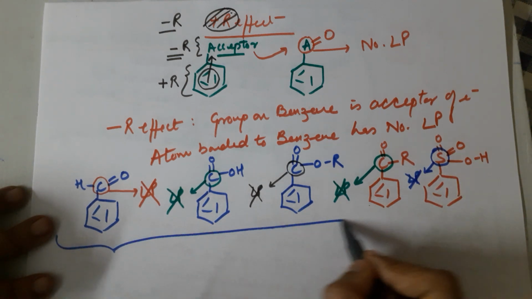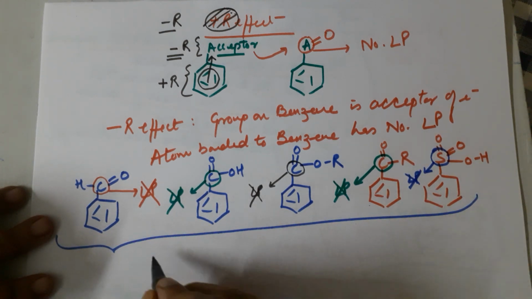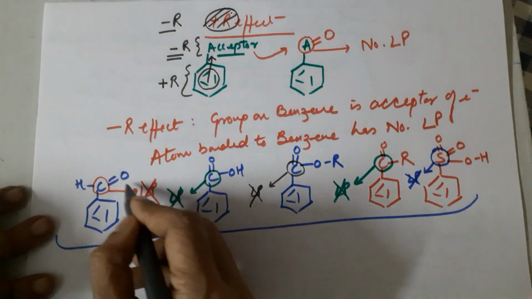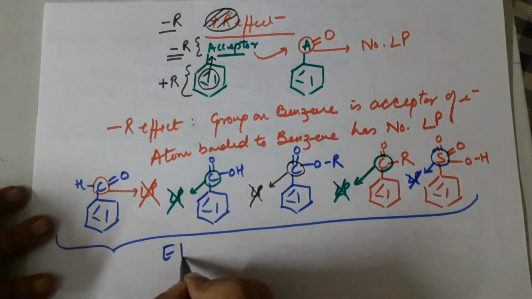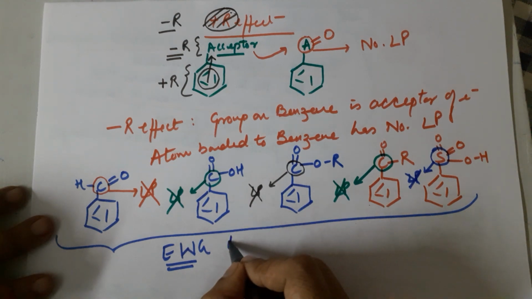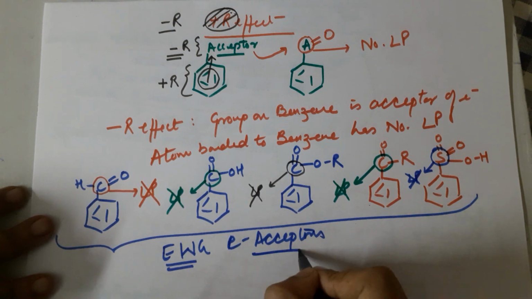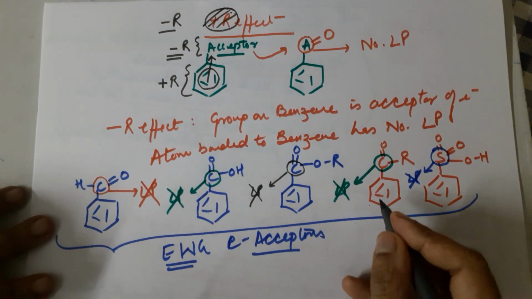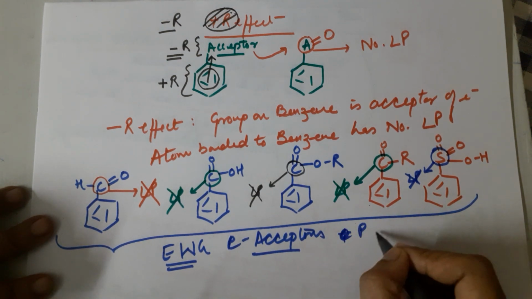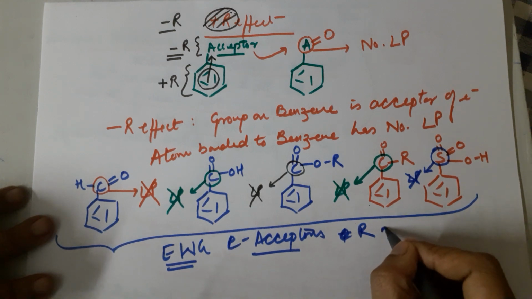In fact, all these compounds will have the group attached as an electron withdrawing group, and they would be electron acceptors. So they will pull the electron cloud from the benzene ring and would show a -R effect.